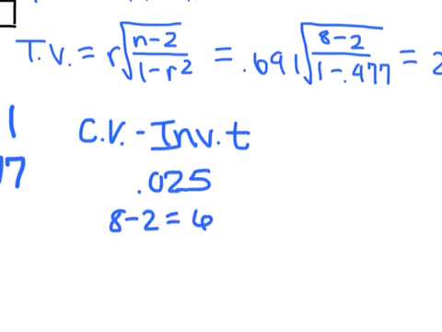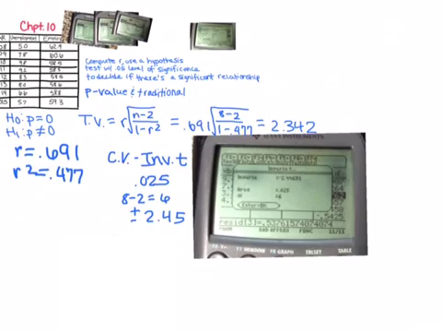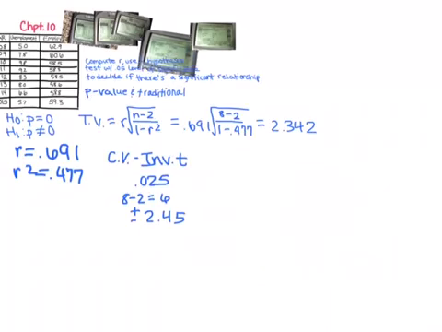When you compute that, you get plus or minus 2.45. Here on the calculator, you can see inverse T, you enter 0.025 and 6, and you get negative 2.446. So we're going to do plus or minus 2.45 because it's a two-tailed test.